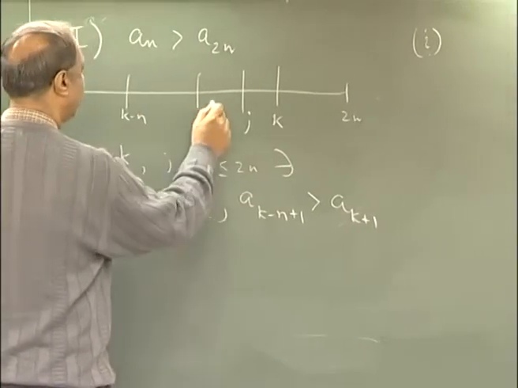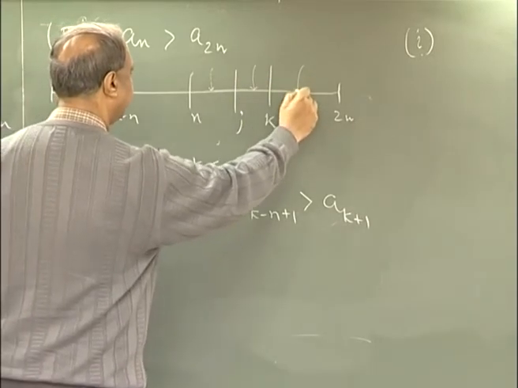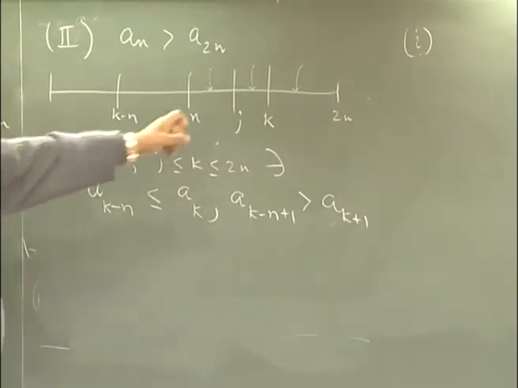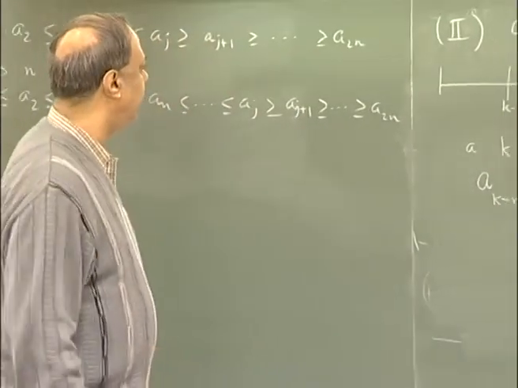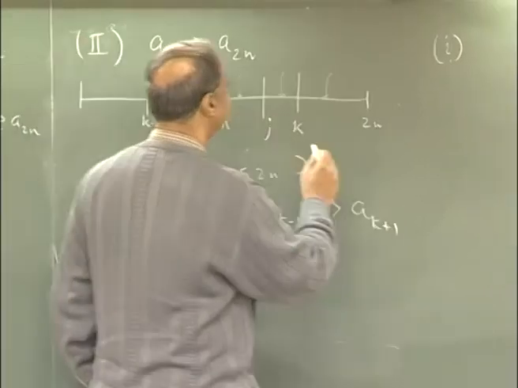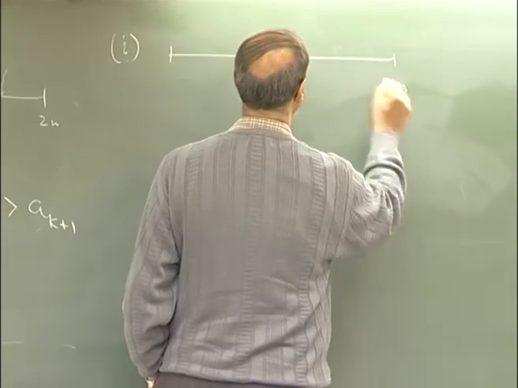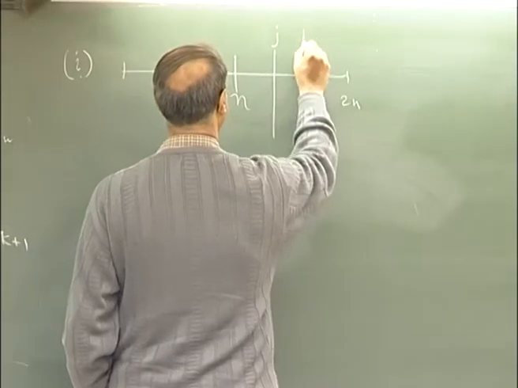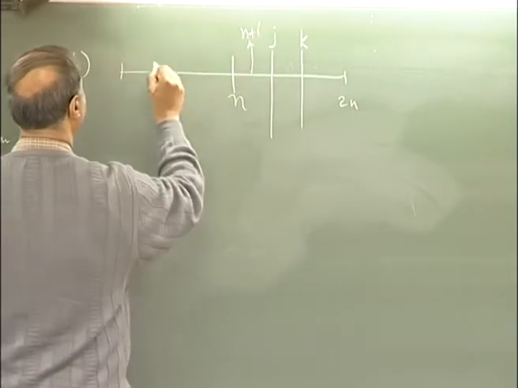An plus i can be here, here or here. Agreed? Now suppose i is here. First case is i is here. So this is your j, this is your k, and i is here, an plus i is here.